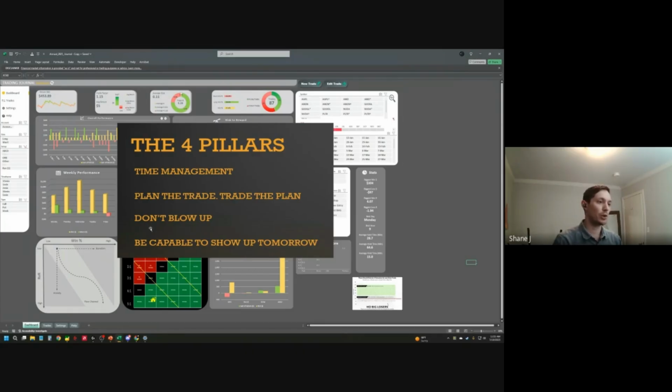And then the last part, be capable to show up tomorrow. Even if you don't blow up and you take 15 trades and they're all losing trades, understand you stopped out at 1 hour at every trade. And if you can say that your cat 1s and your cat 2s were all you traded that day and there were no ill-mannered disciplines or something, don't be hard on yourself.